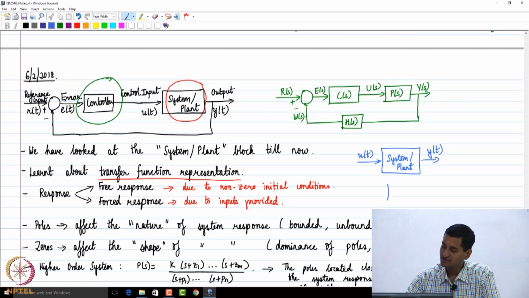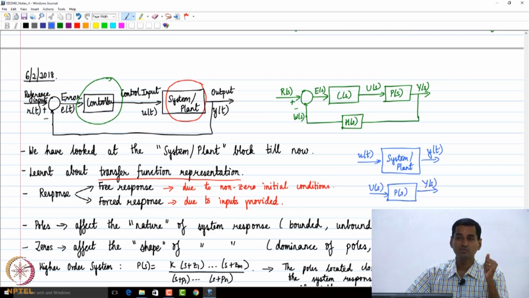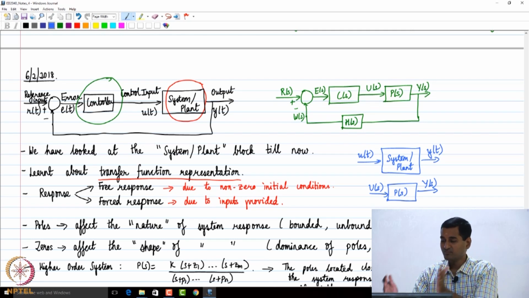In the complex domain, once we take the Laplace transform, we had P of s to be the system transfer function, and U of s and Y of s are the Laplace transforms of the input and the output respectively. So that block is done.